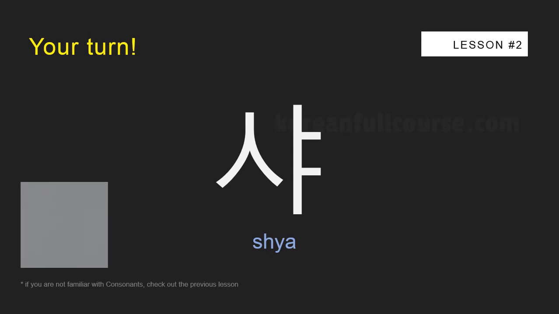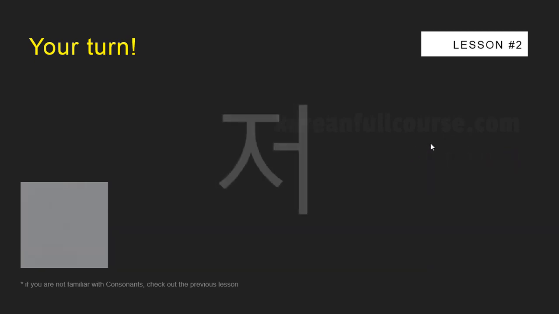But if you combine it with the vowels from the second group, like ya, yo, yu, i, then you should pronounce this letter as sh. Sha, sho, shu, shi. Okay? And this is how you got this syllable.